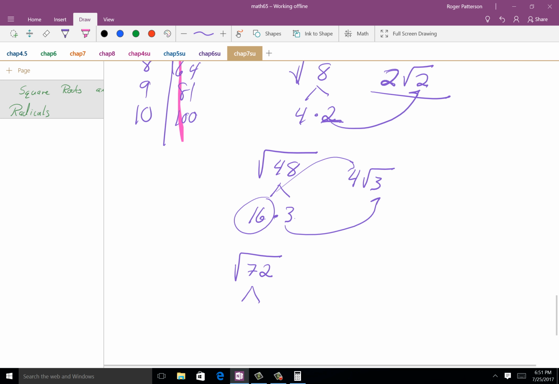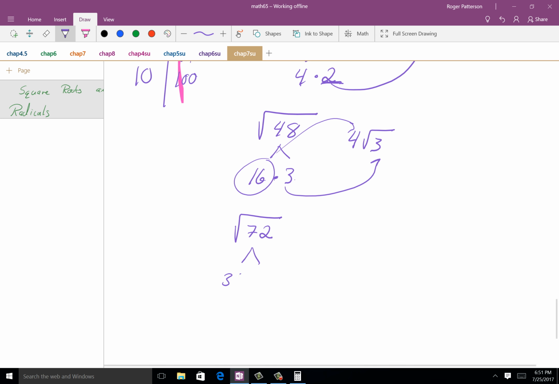How many times does 36 go in there? 2, somebody said. So we have to get the square root of 36. What's that? 6. So 6 goes on the outside, and the 2 stays on the inside. The square root of 36 is 6. That's how you simplify them.